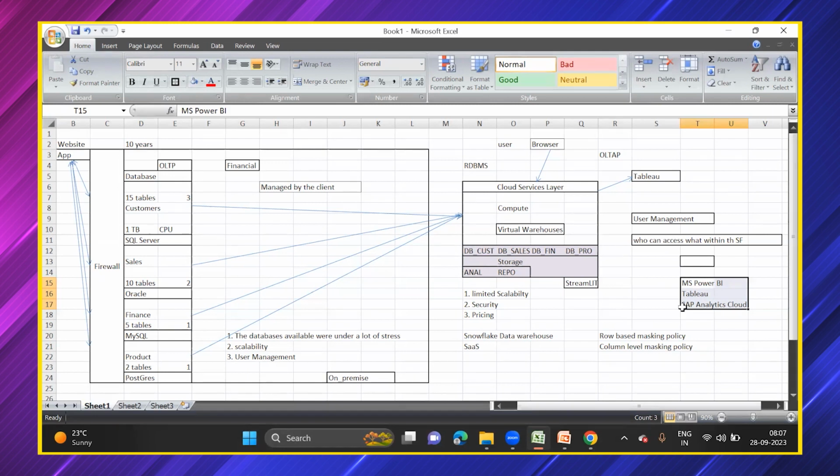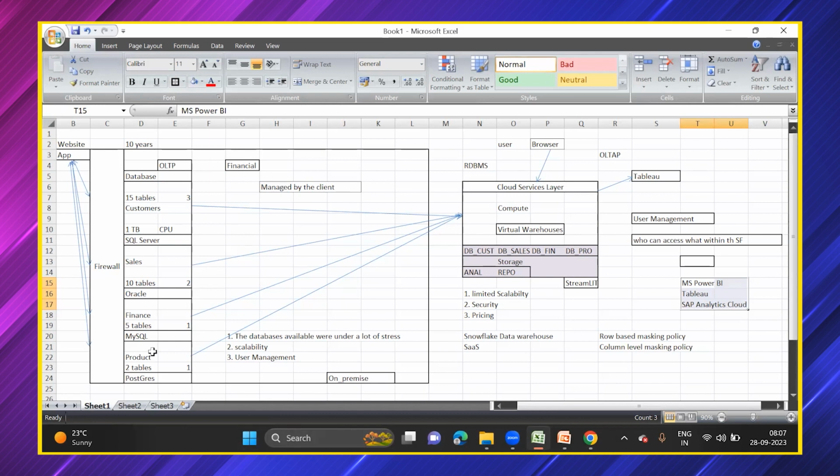Similarly, for your reporting tool, you will have to decide whether you want to learn Power BI, Tableau, or SAP Analytics Cloud. SAP Analytics Cloud doesn't mean that you can only interact with SAP, but if you want to do the reporting on SAP systems, for that you can use SAP Analytics Cloud. If you have your SQL Server, then you use Microsoft BI.